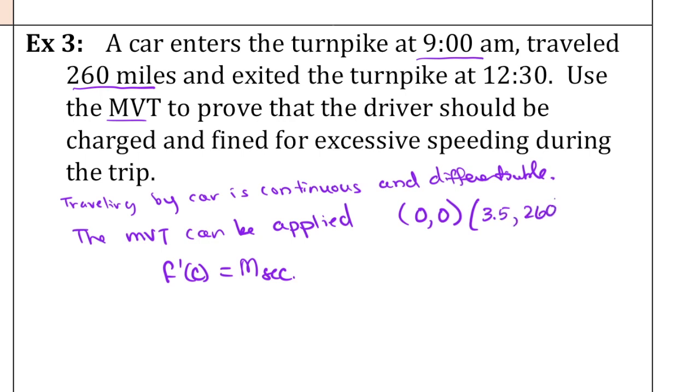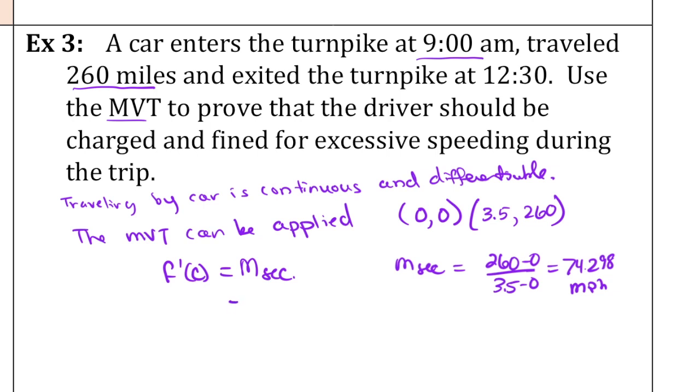You have traveled 260 miles. So we know that the slope of our secant line, which is your average rate of change, is 260 minus 0 over 3.5 minus 0, or on average 74.298 miles per hour.